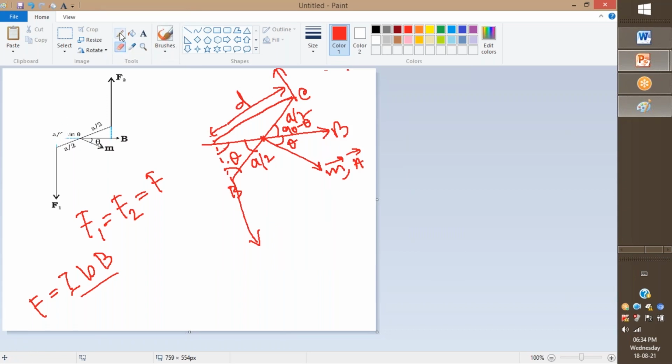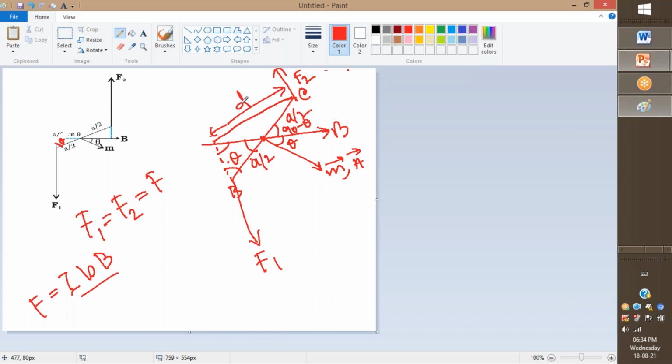In your book, the figure that is given, this particular angle will be theta. So this is F1, this is F2, and this total is 2a.